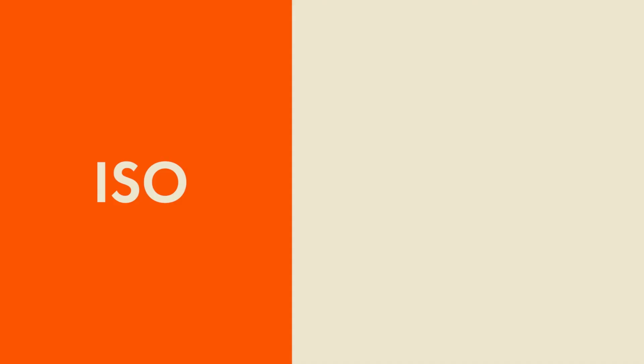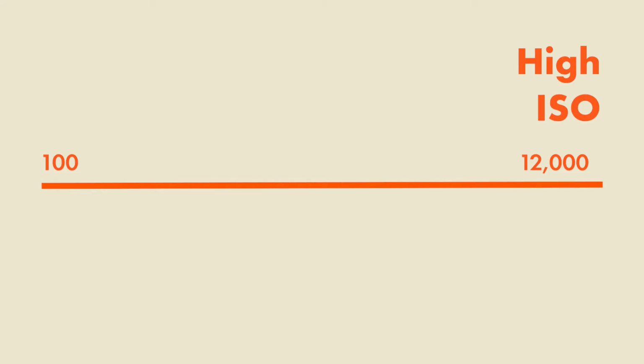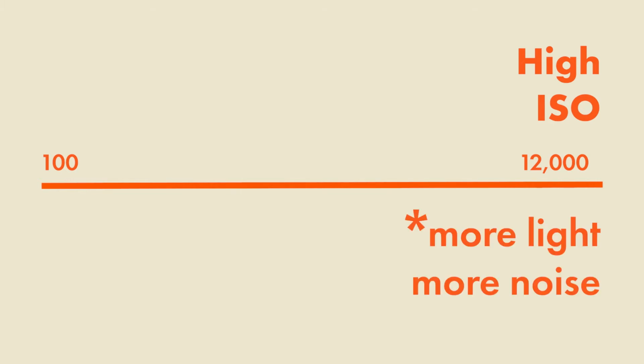ISO affects two different things. It affects the brightness and it affects the graininess or noise in your image. Now, pay attention because this is different from the other videos. The higher your ISO number, the more light you have in your image and the more grain and noise.